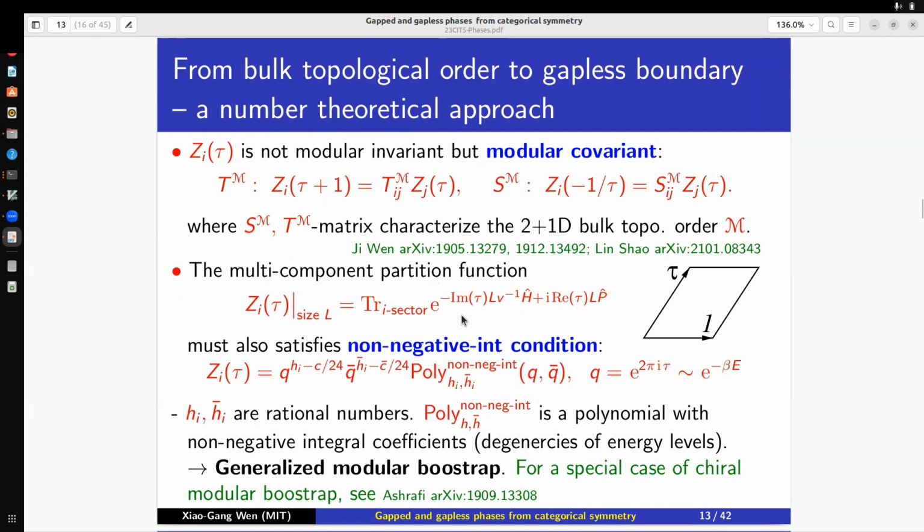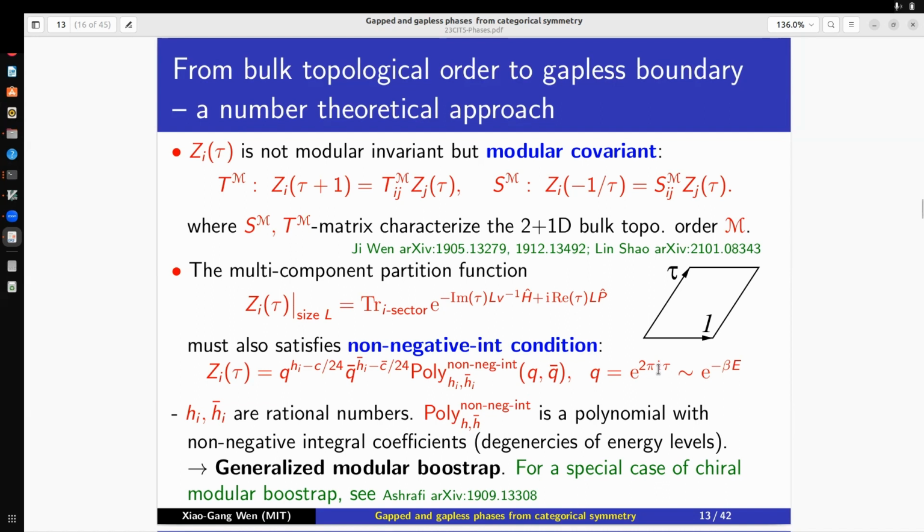So we look at this partition function more carefully. We can diagonalize the Hamiltonian and the momentum, so it has some eigenvalues. For each eigenvalue, there's some contribution. That's the partition function. It turns out that for each eigenvalue, the contribution is this q.